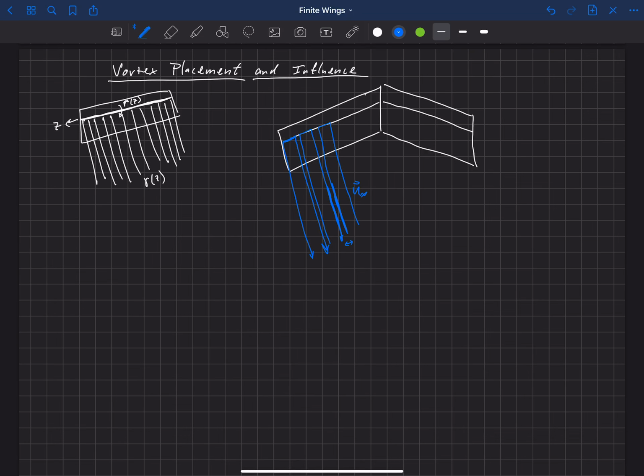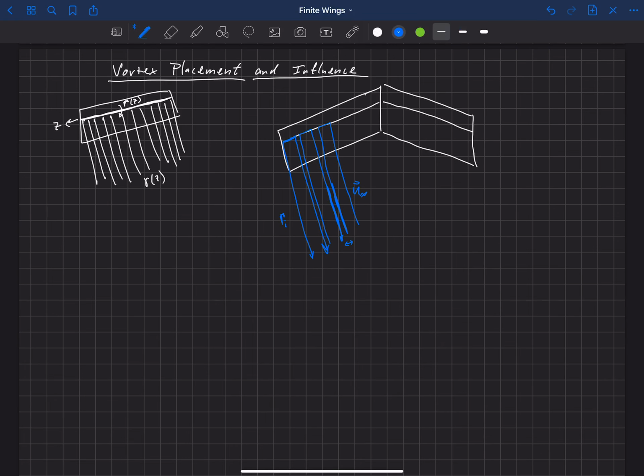Okay, so each of these horseshoe vortices is going to have a strength gamma. It has some strength gamma, and we'll say this is gamma i for this ith vortex. And actually, we're going to draw this horseshoe vortex according to the right-hand rule.